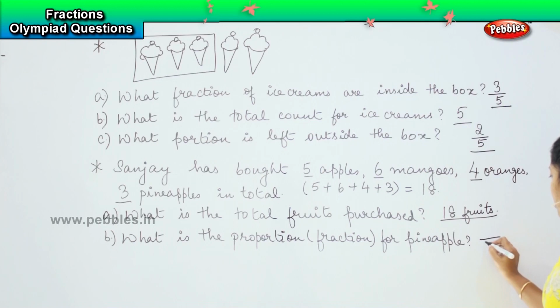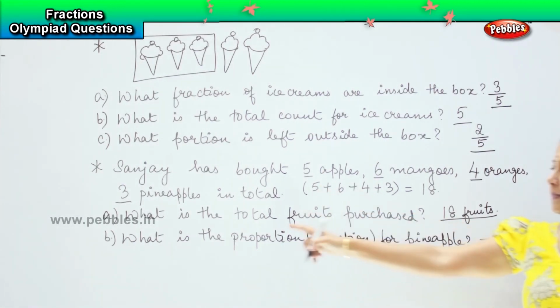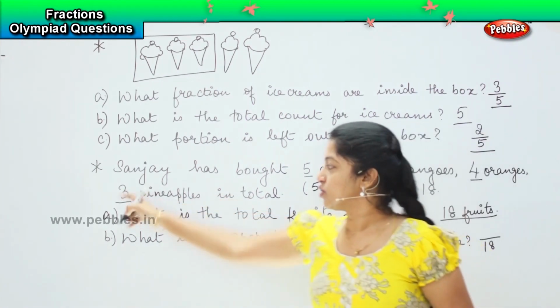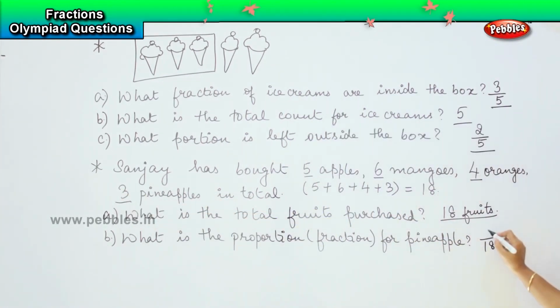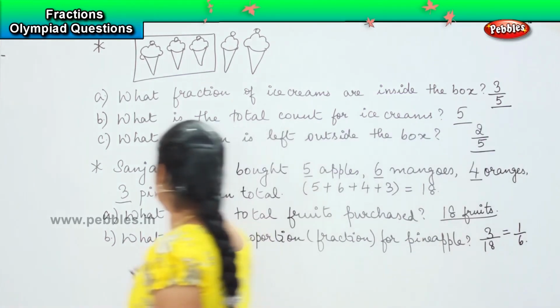So which means my denominator will be 18. And what is the proportion of pineapple? How many pineapples were purchased? 3, right? So it will be 3 by 18, or 3 into 6 is 18, right? 18 is a multiple of 3. So we can also write as 1 by 6. Clear?